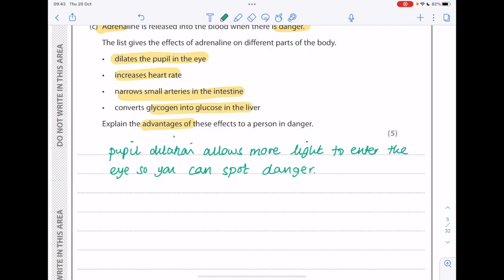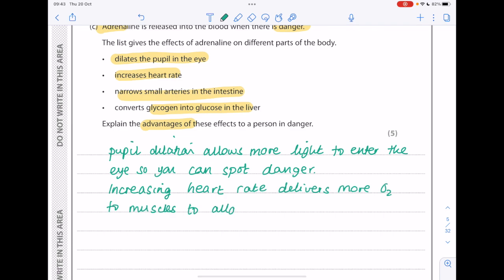Why is increasing the heart rate good? Well, that will deliver more oxygenated blood to tissues and muscles. And why is that good? To allow them to respire more and therefore contract. And muscle contraction is important so that you can run away from the danger.